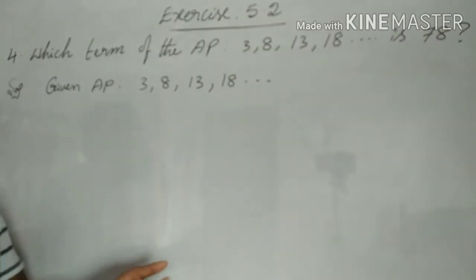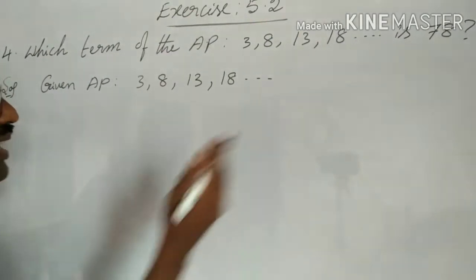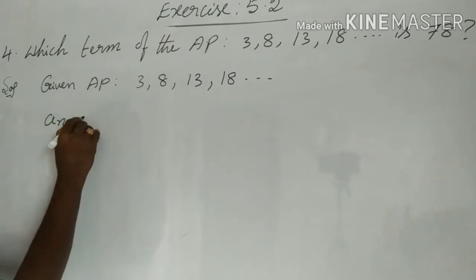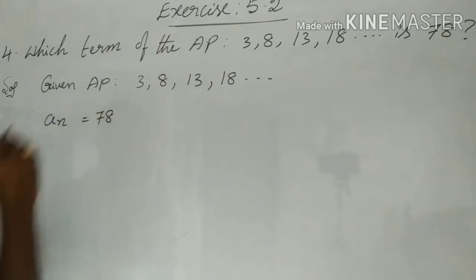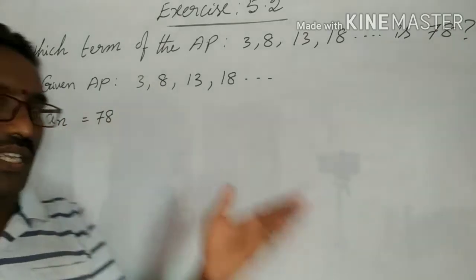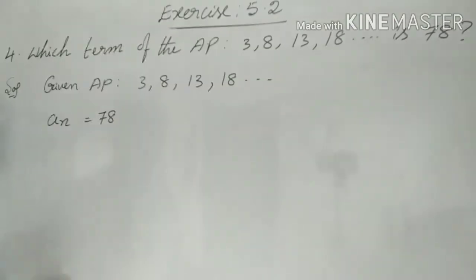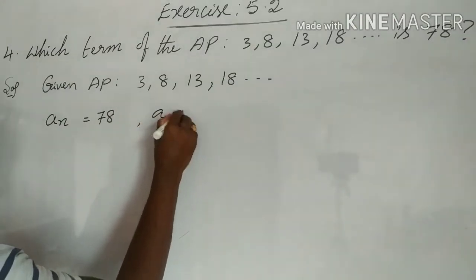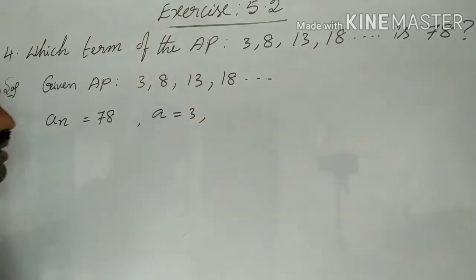Which term you don't know, so you can take an is equal to 78. The nth term, which term that is we don't know, is 78. And what is A? The first term is 3.